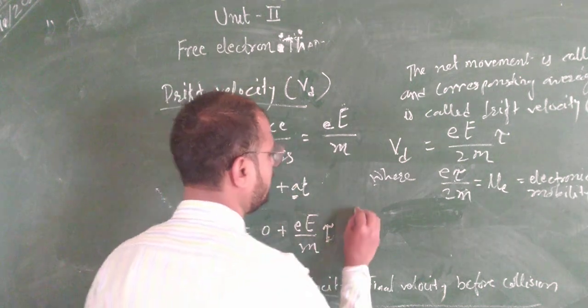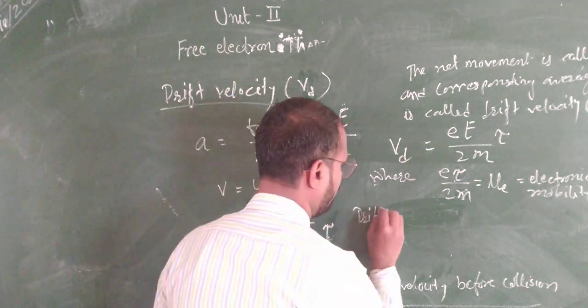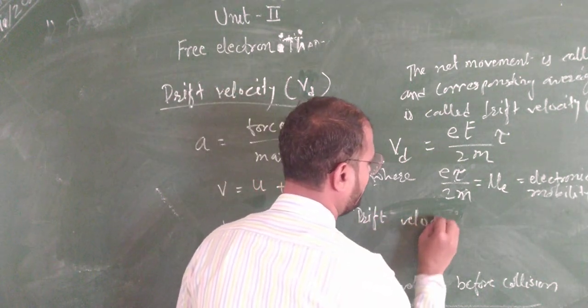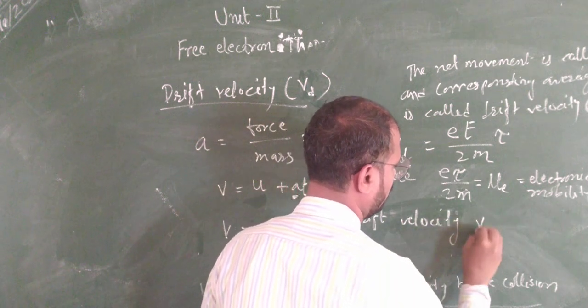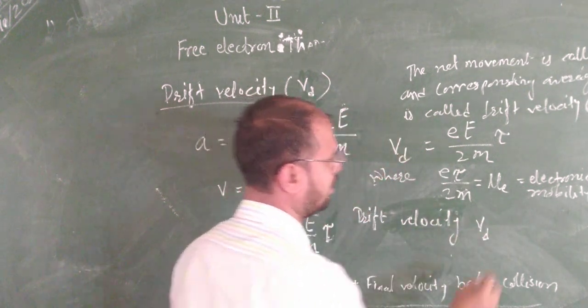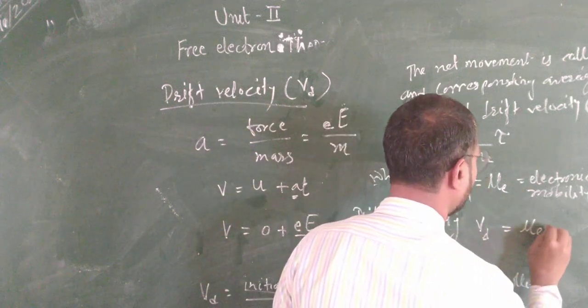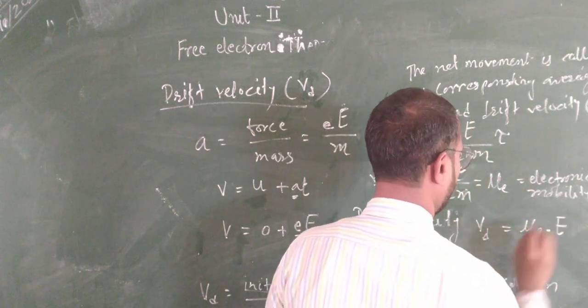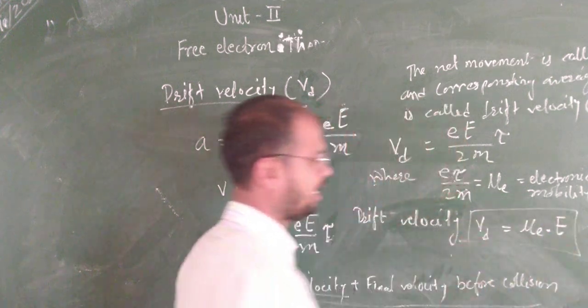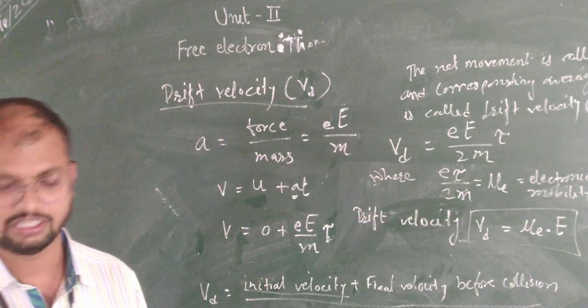So here e tau upon 2m is equal to mu e, called the electronic mobility of an electron. So the drift velocity Vd is equal to e tau upon 2m times E, that is mu e into capital E. This is the expression of drift velocity.